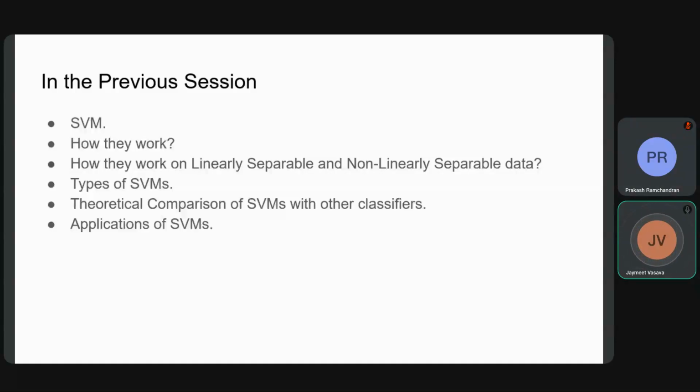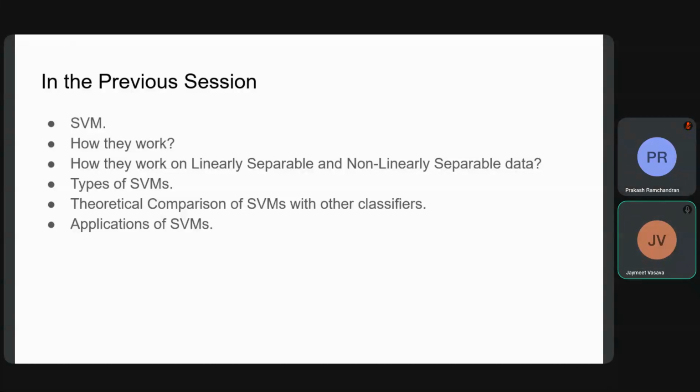But in non-linearly separable data, we used a kernel trick, which basically transformed the data into high dimensions, where we were able to classify or separate the data using a hyperplane. Then we discussed the types of SVM: linear SVMs, hard margin, soft margin, and non-linear SVMs.